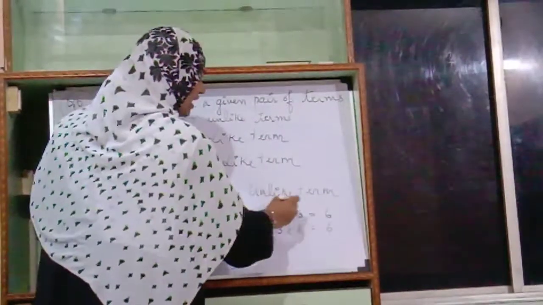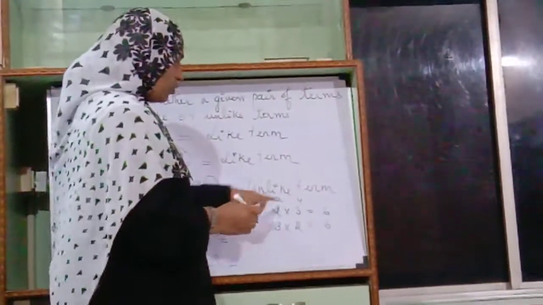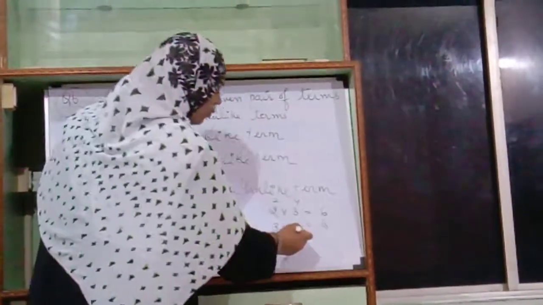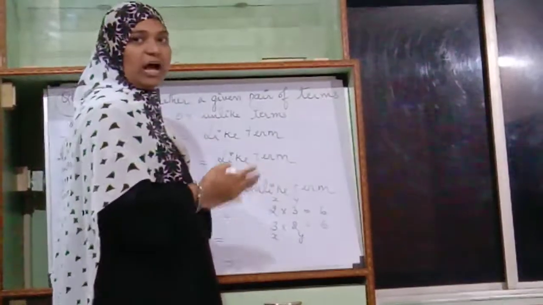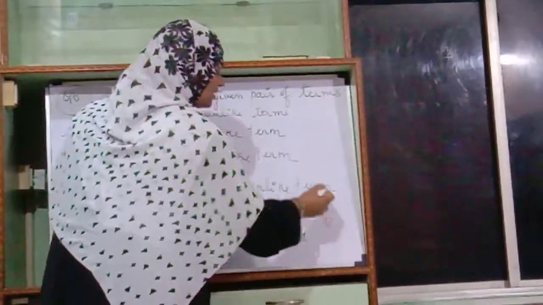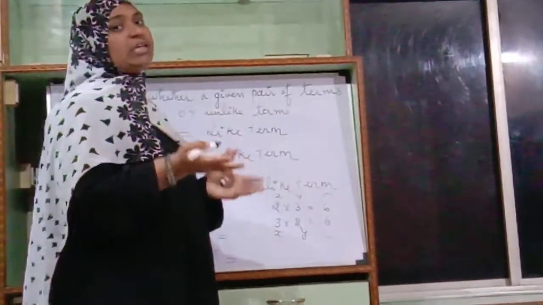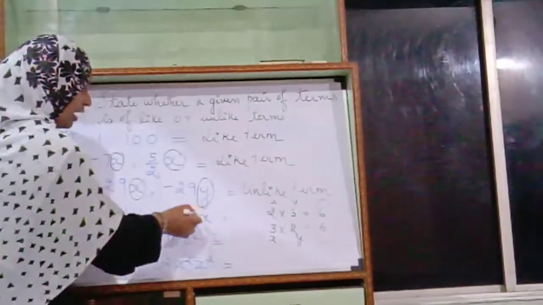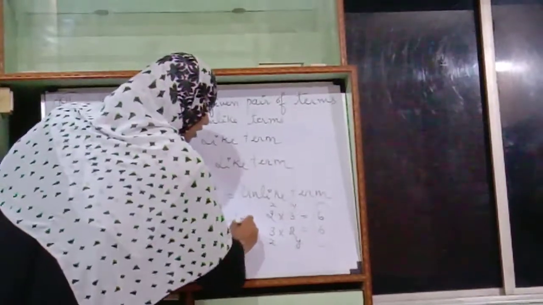So whether you take x as 2 and y as 3, or you take x as 3 and y as 2, both are the same, giving you the output 6. So a into b is the same as b into a. Similarly, x into y is the same as y into x. So this is your like term.